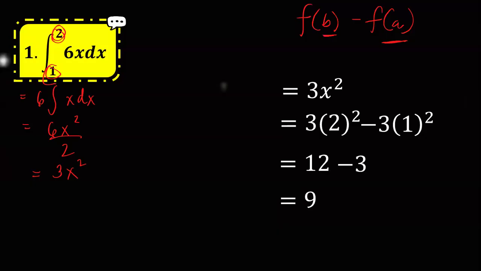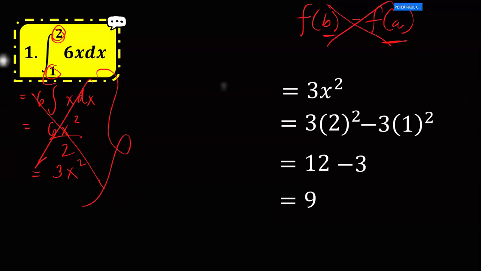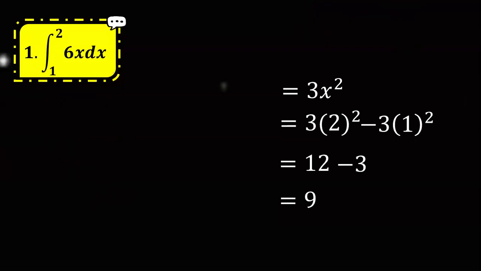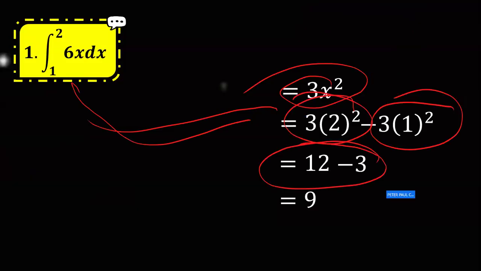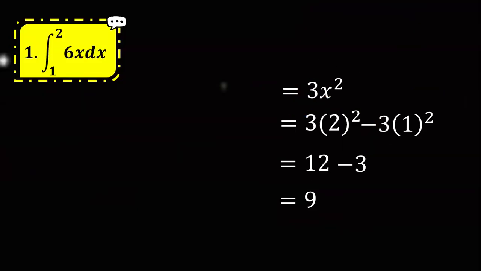So this part of the solution is not needed anymore, and neither is this one. What I only need is this solution. We right away go into the antiderivative and then substitute your b minus a. Do not forget that. Then simplify and give the final answer. That's the flow of the solution.